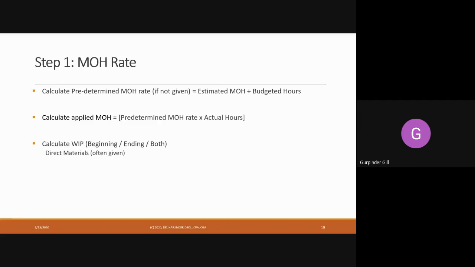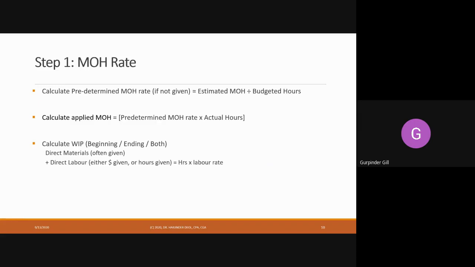So the three elements that will go into your work in process inventory is your direct material, which is often stated, and your direct labor. Either this information is given or we will have to calculate that. So either the dollar is given or the number of hours that we have spent in terms of the direct labor on work in process inventory is stated. So if you know the hours and the labor rates, then we can multiply them and calculate our direct labor cost.